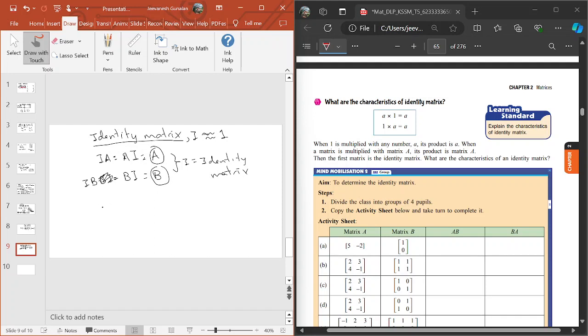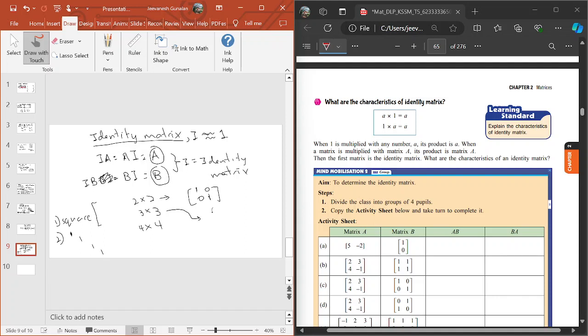So identity matrices look like this. First of all, they will always be square. They can be 2 by 2, 3 by 3 or 4 by 4, but always square. Second, they start with 1 and then diagonally there'll be 1s. For a 2 by 2 identity matrix, two rows and two columns, it will be 1 0, 0 1.